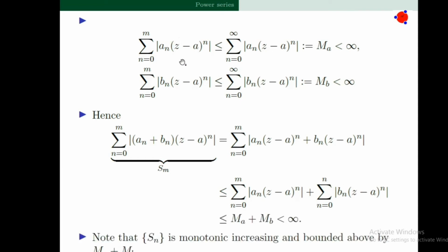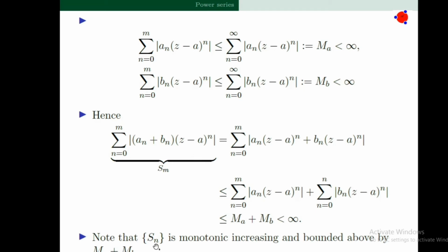But this sequence of partial sums is bounded above by this term, so this is less than or equal to MA, and the second sequence of partial sums is also bounded above by MB. So the sequence of partial sums of the series is bounded above by MA plus MB, and this sequence of partial sums is monotonic increasing and bounded above.